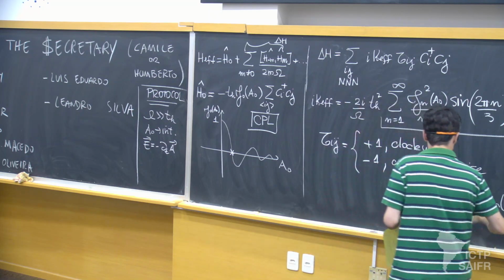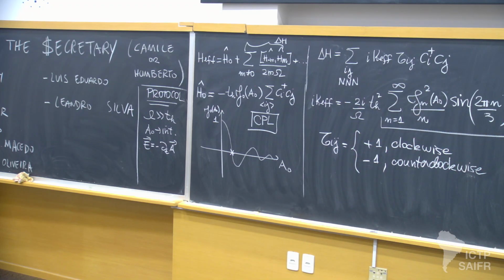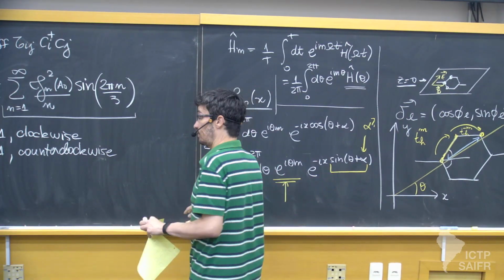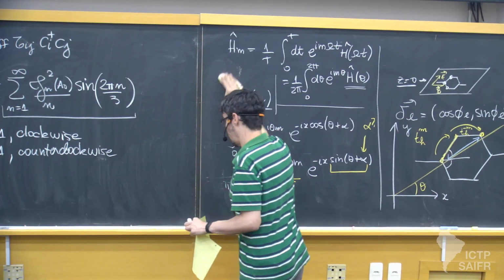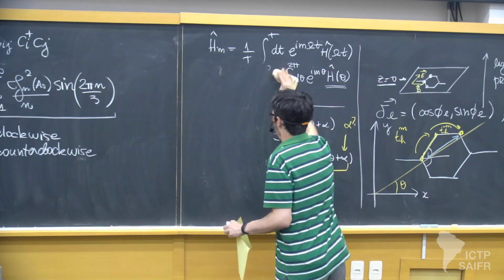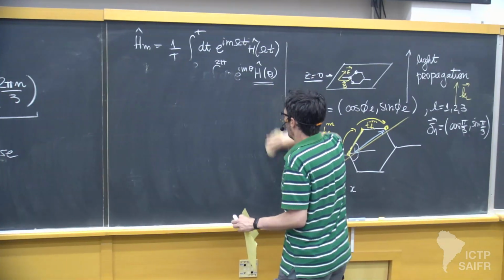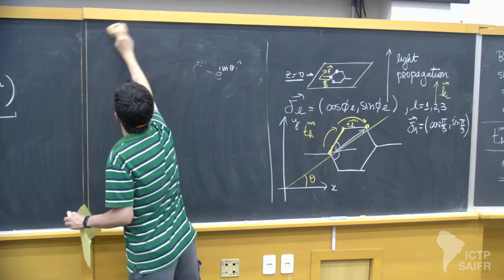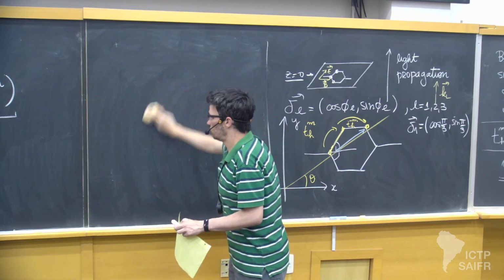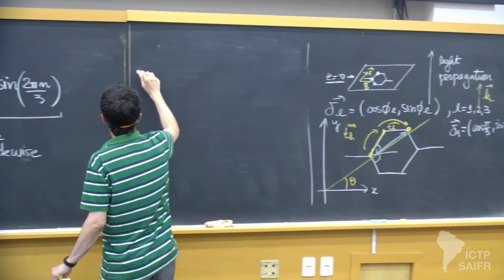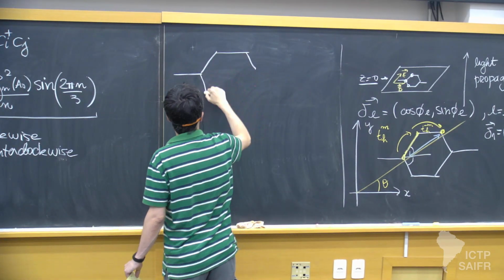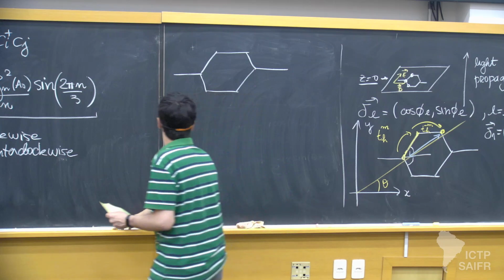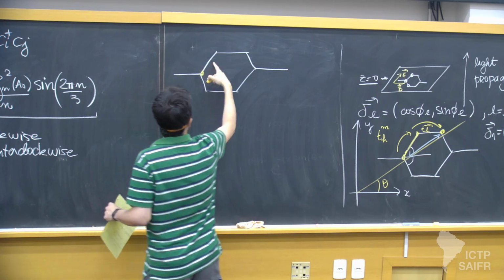Okay? So yes, there is a site dependence, but a very specific one. So let me draw the lattice again, just to emphasize what this term is doing. What is happening is, I can connect this side to this side.